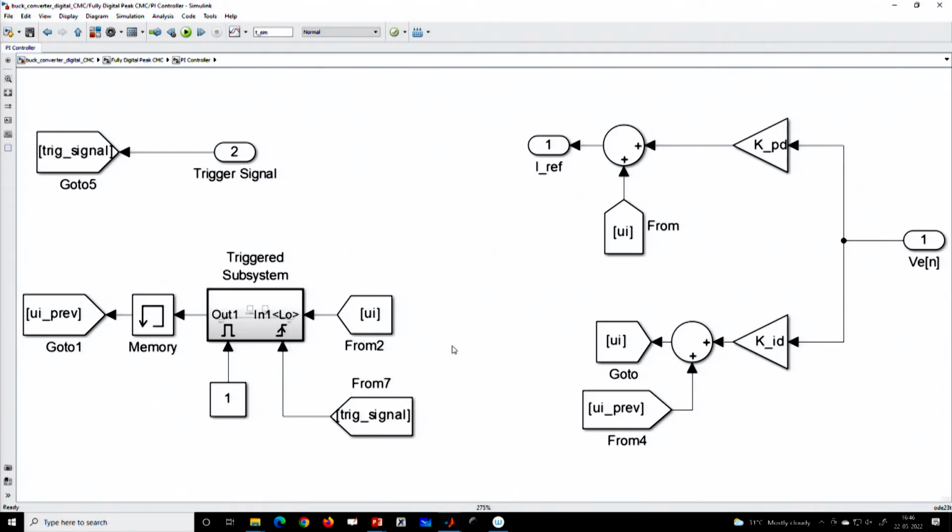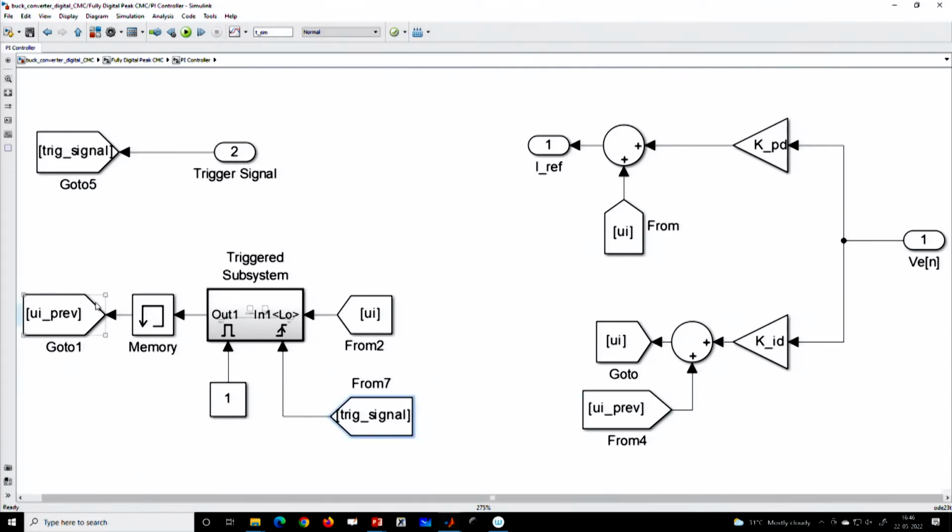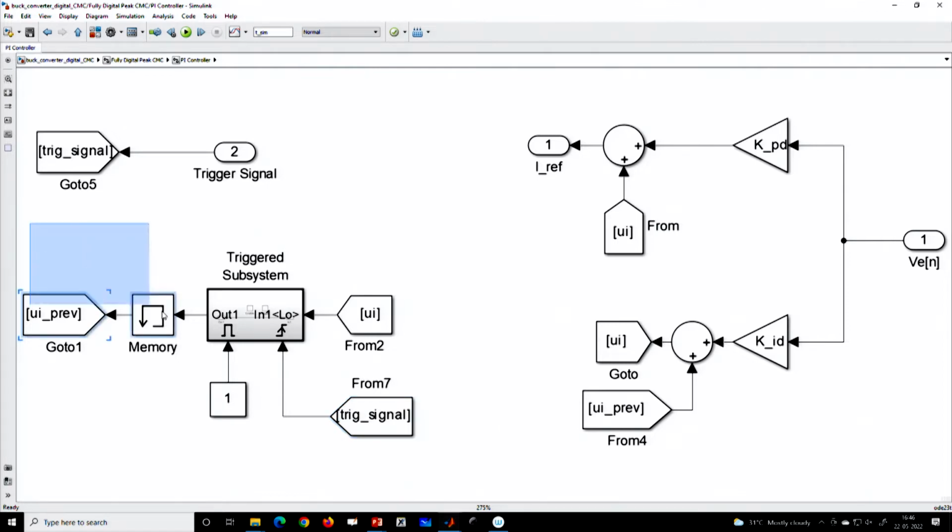We have used a trigger pulse to synchronize. This is used to generate ui[n-1] from ui[n], that means a one cycle delay of the integral output, synchronized with respect to the trigger signal.